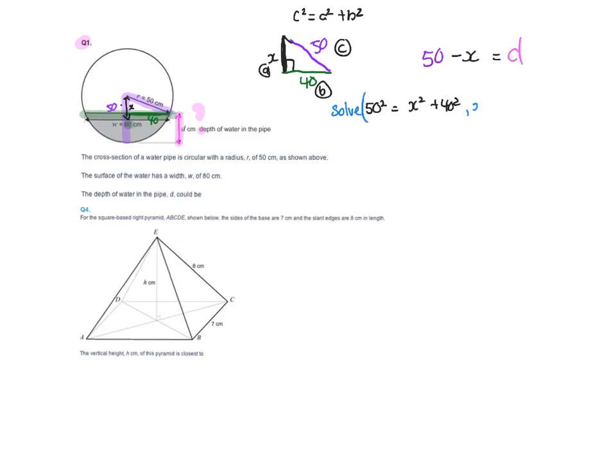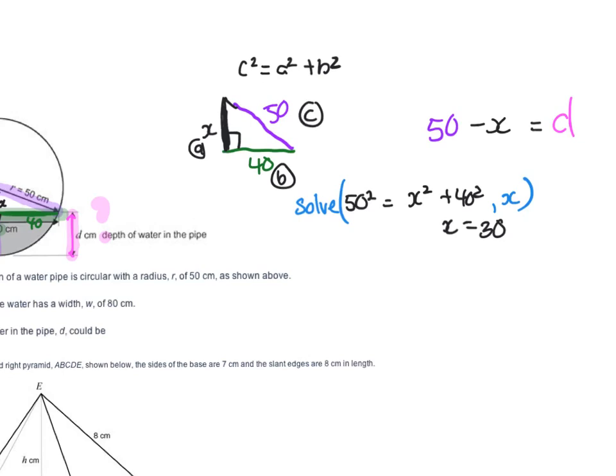How do we get solve again? Menu 3, 1. Good. And we can solve and we can get what X is. Okay, so we end up with X equaling 30. So therefore, I might say 50 minus 30 equals the depth, which is 20 metres. I think because it was measured in centimetres, wasn't it? Sorry. So 20 centimetres equals the depth.